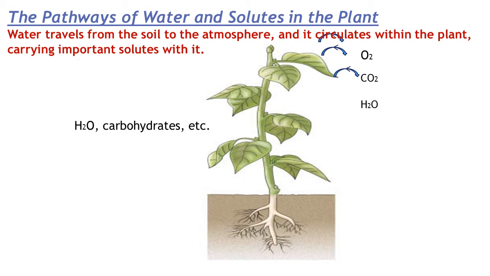Water and dissolved minerals are absorbed by the root through root hairs and provided to other plant parts, that are stem, leaves, etc. H2O and dissolved minerals, H2O, carbohydrates, etc. O2, CO2, H2O.